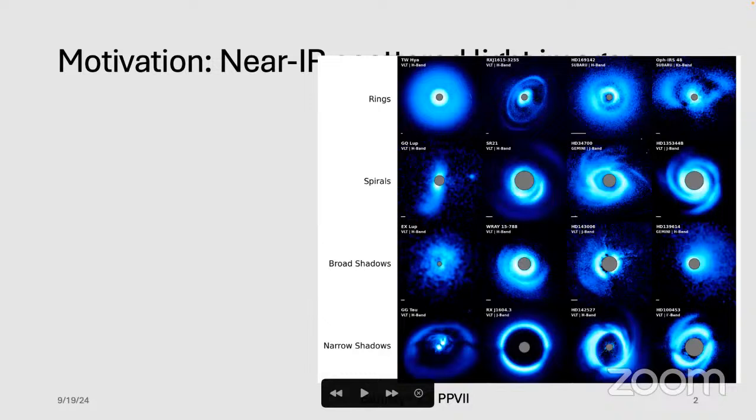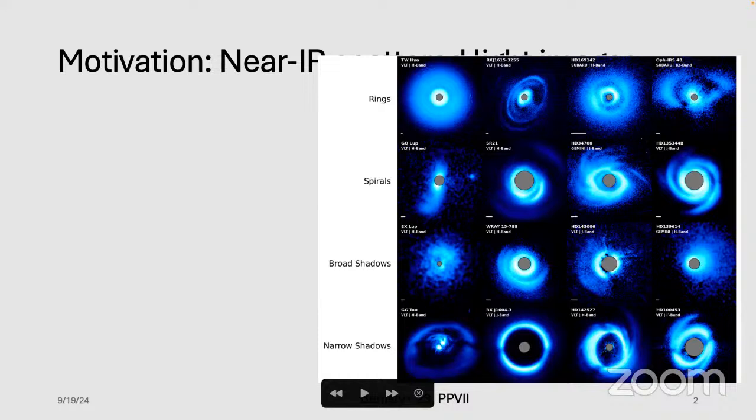In this kind of observation, we have also accumulated around 100 protoplanetary disks, and we also see many substructures, and they can be different from those observed with ALMA, even in the same disk. You see rings, you see spirals, and these spirals occur more often than what you see in ALMA observations.